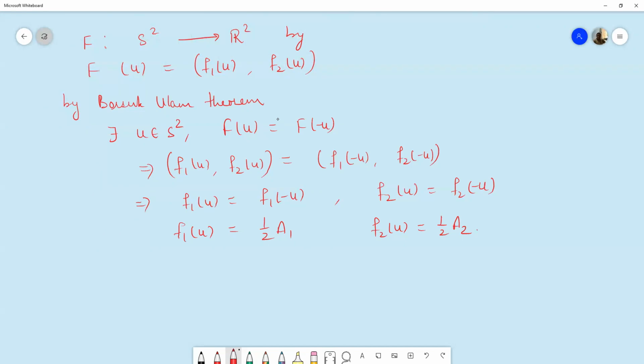And we are saying there exists a point where F1U is exactly half of A1 and F2U is exactly half of A2. It means that the intersection line corresponding to this U in S2 is our required line, which bisects both of the polygonal regions A1 and A2. And this completes the proof of this result.